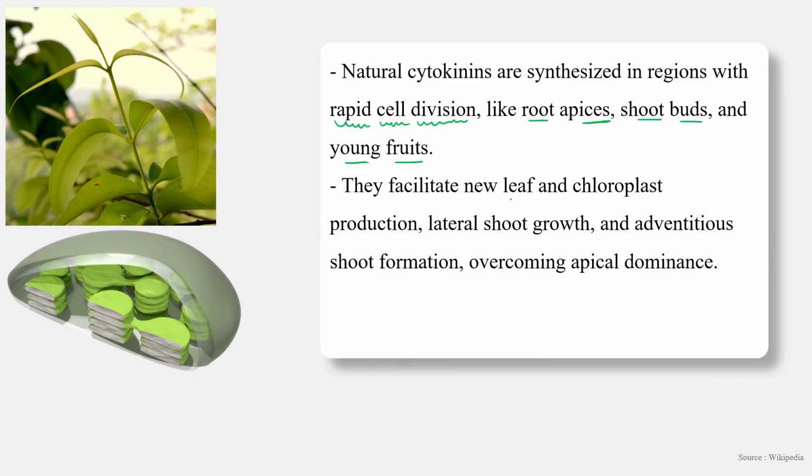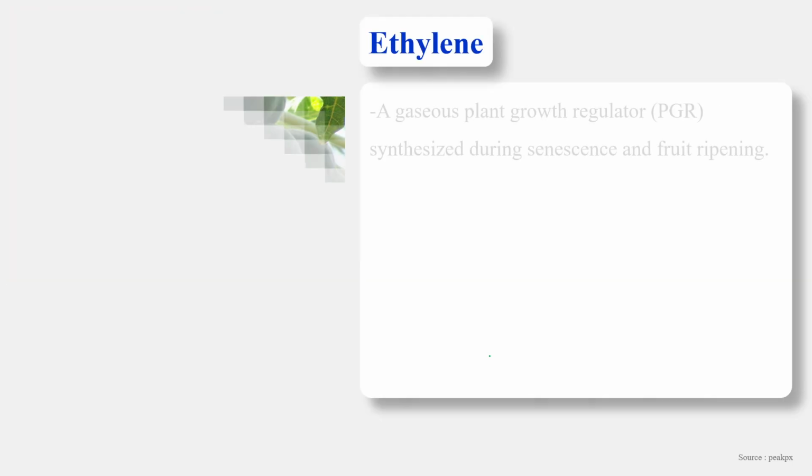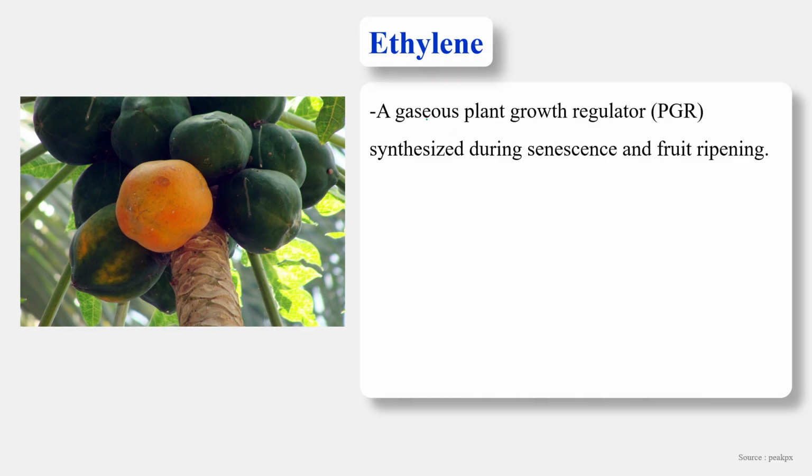They facilitate new leaf chloroplast formation, lateral shoot growth, and adventitious shoot formation. They overcome apical dominance. Cytokinin also promotes nutrient mobilization, delaying leaf senescence.